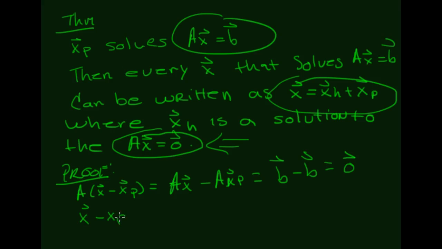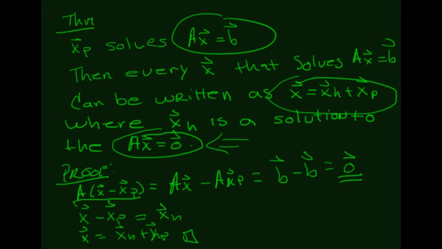this is a solution to the homogeneous system, which means this has to equal some xh. And then with a little bit of quick algebra, this has to be xh plus xp, which is what we're trying to prove.